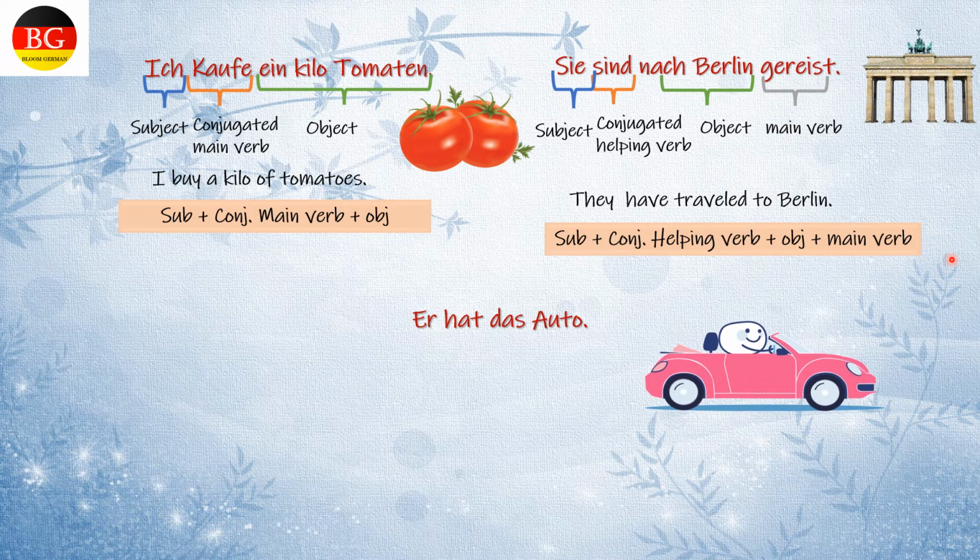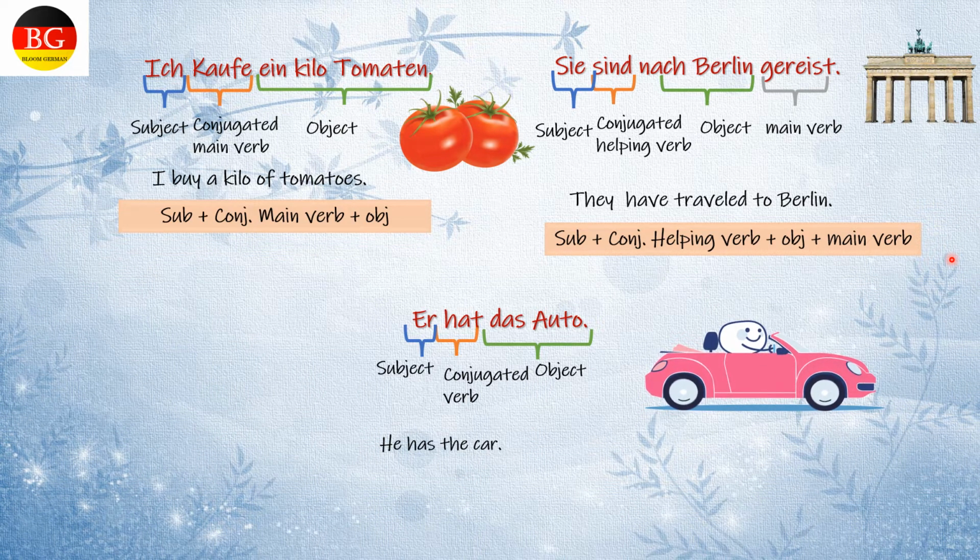Er hat das Auto. Er is the subject, hat is the conjugated helping verb. Here haben acts as a main verb. Das Auto is the object. Meaning of the sentence is he has the car. The sentence is in present form.